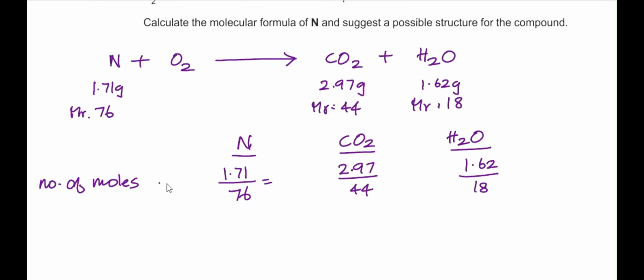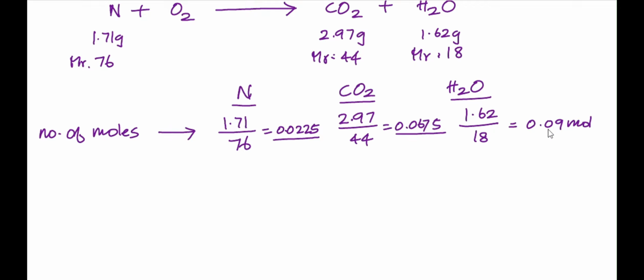So using calculator we get 0.0225 for N. For carbon dioxide we get 0.0675, and then for water it is 0.09 moles.